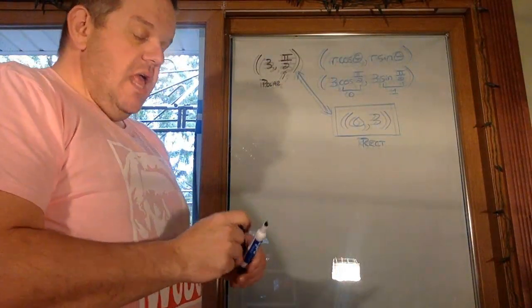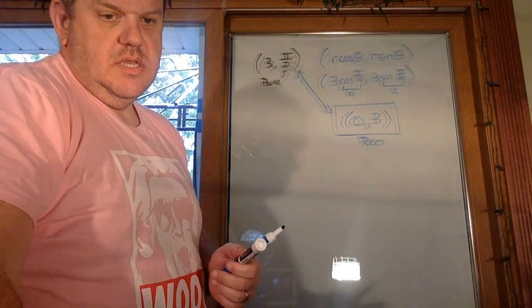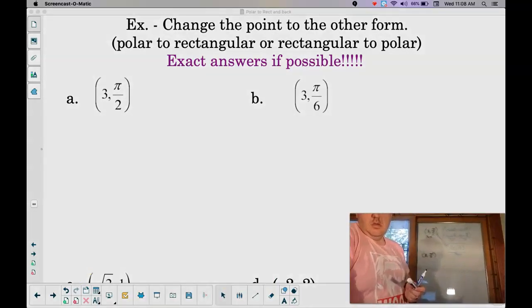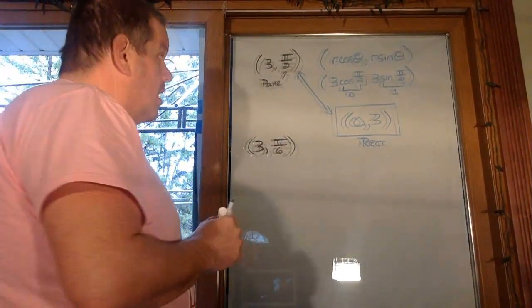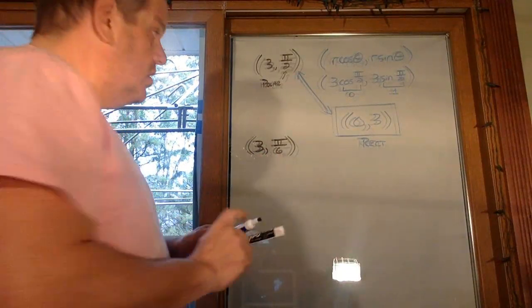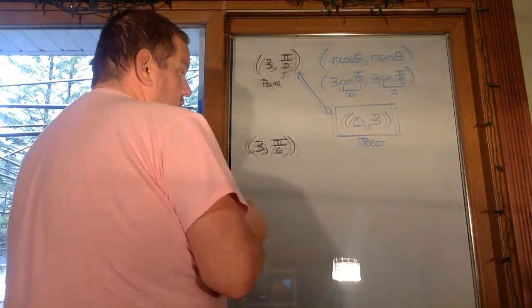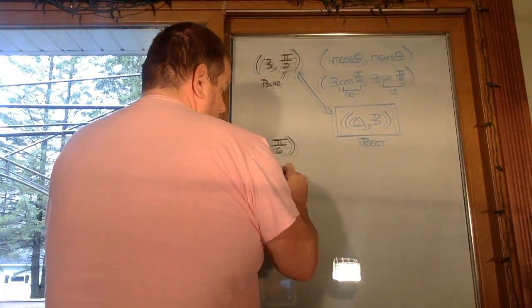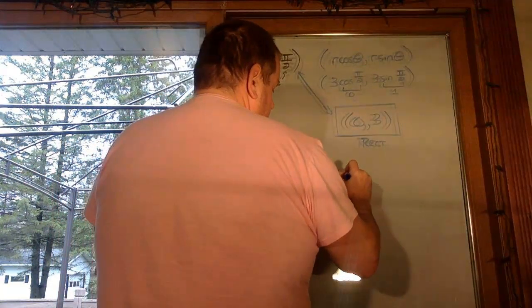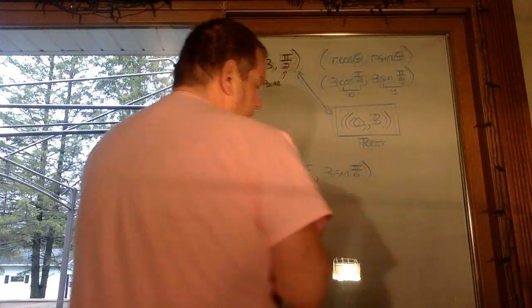Okay. Next one is, what was the next one? 3 comma pi over 6. Okay. Again, I know that this is polar because pi over 6 is an angle. So then this is going to be, again, r cosine of theta, r sine of theta. So that's going to be 3 cosine of pi over 6, 3 sine of pi over 6.